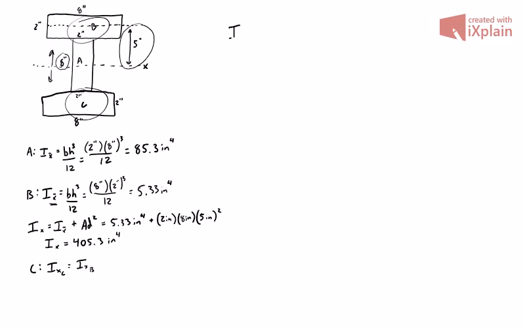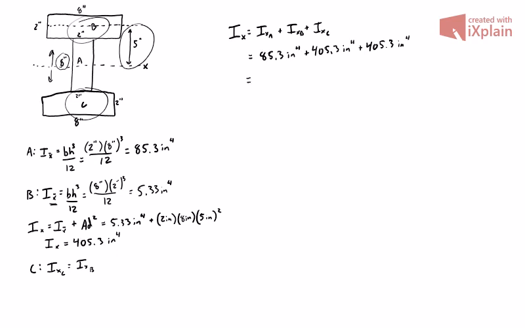Again, if we want the moment of inertia for the whole object, we take the contribution from A plus the contribution from B plus the contribution from C, which gives us 85.3 inches to the fourth plus 405.3 inches to the fourth plus another 405.3 inches to the fourth.